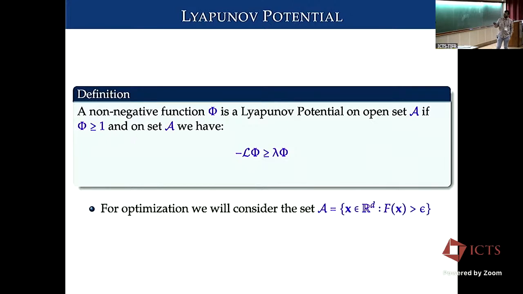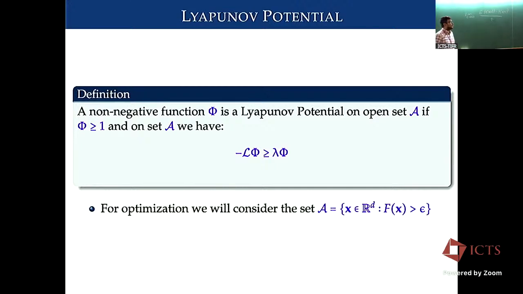So there is no randomness, right? Because the generator did not have any randomness in it. You give me the process, and the generator just says the limit as t tends to 0 of the expected f of x of t minus f of x of 0, let's call it, divided by t.